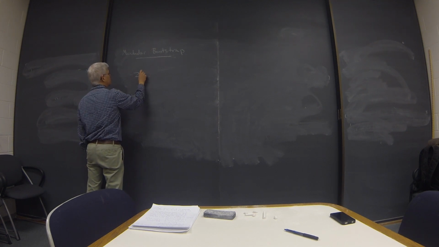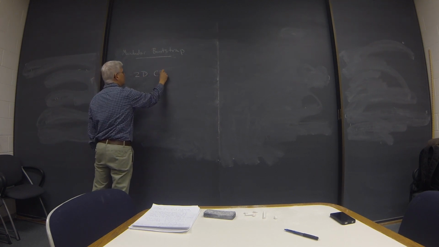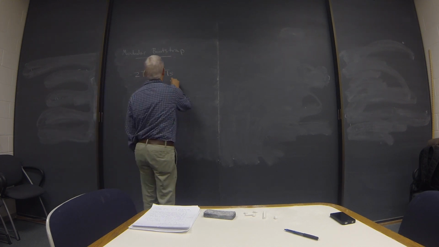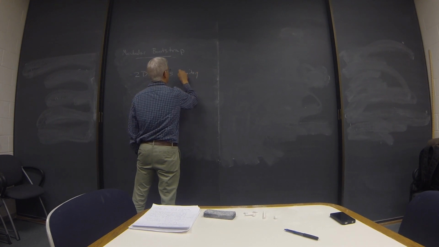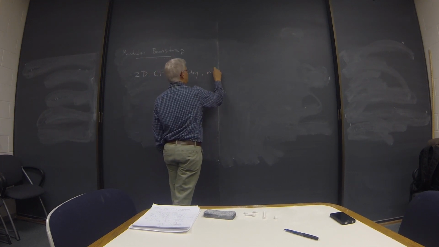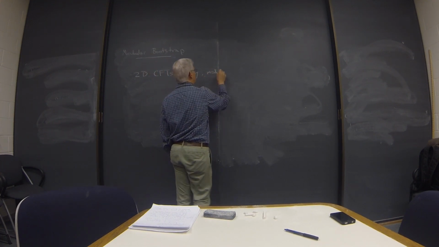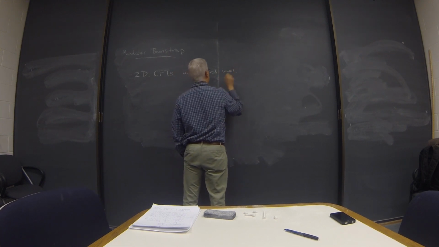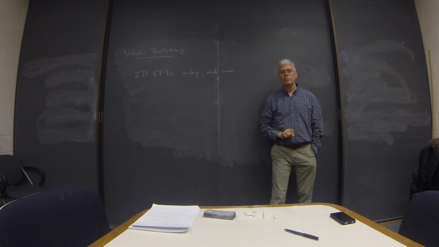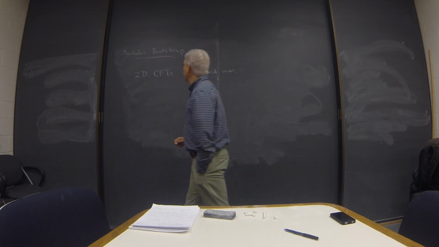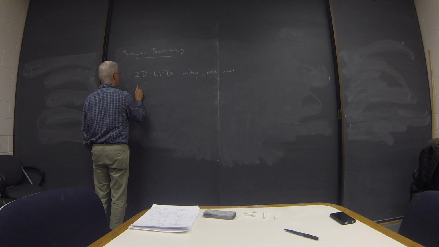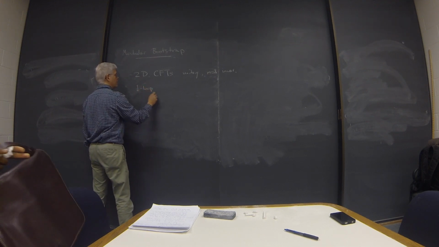So let me just say what I'm talking about. I'm talking about 2D CFTs, and they should be unitary and modular invariant. Okay, so in a 2D CFT the central object is going to be the one-loop partition function.